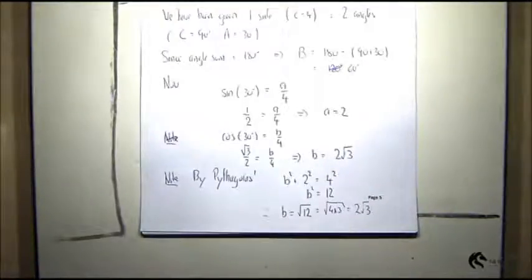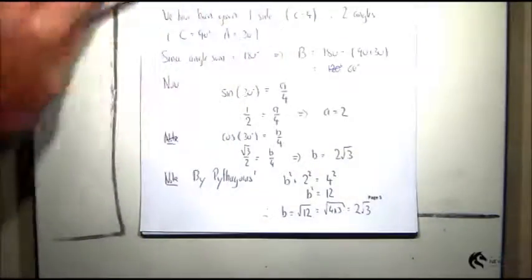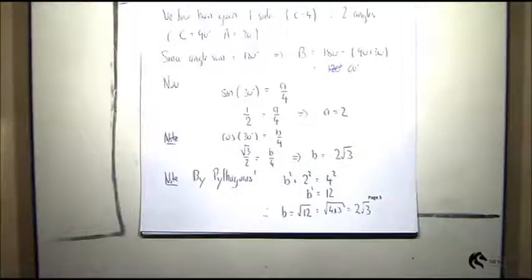So either method is fine, but the important message is, once we know one side and two angles, we know everything about that right-angled triangle. We know everything about that triangle. And that's trigonometry in a nutshell. Sorry? It's a big nutshell.